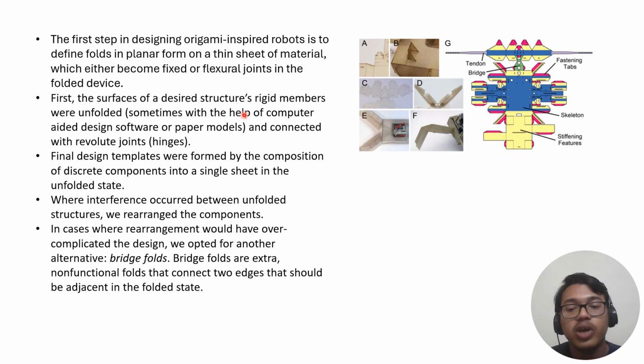When we fold them into the 3D structure, these two structures will come close together. Bridge folds are extra non-functional folds that connect two edges that should be adjacent in the folded state. Here we can see the whole design structure of the material of the prototype.